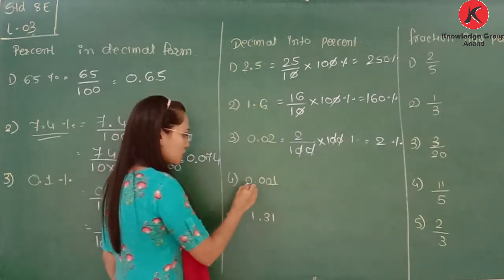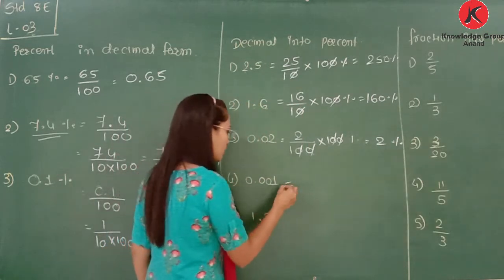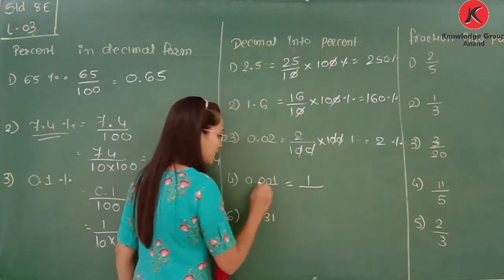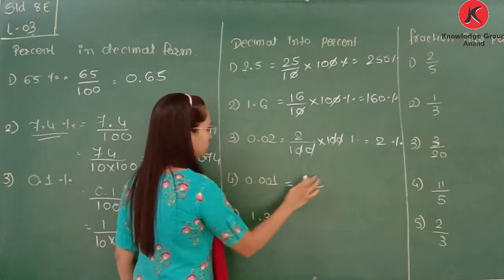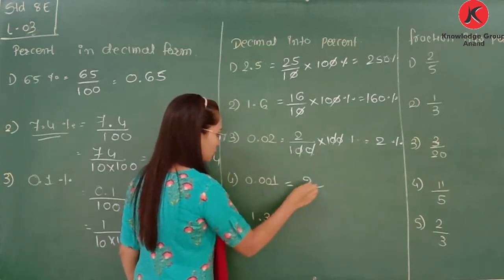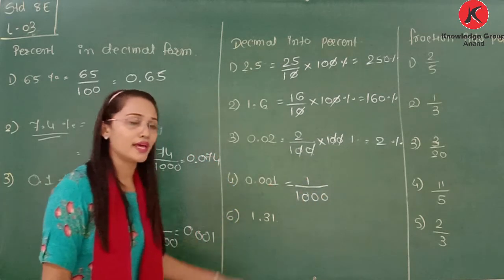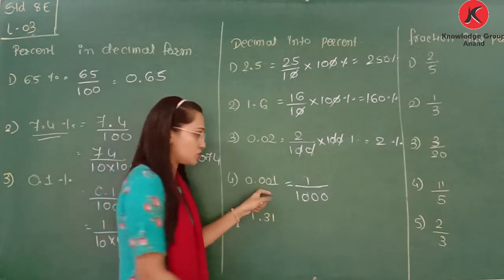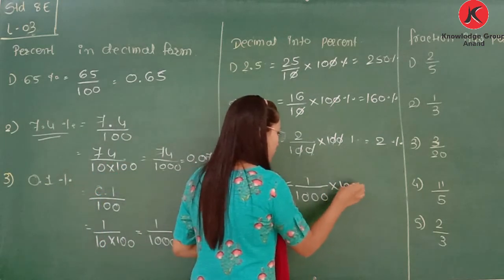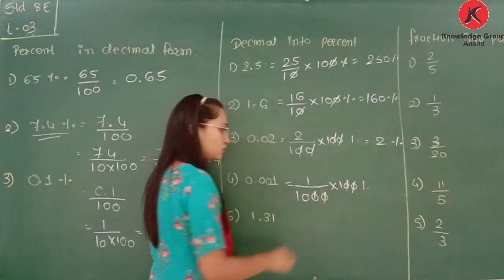Now next one, 0.001. Here it is written as 1 divided by 1000, because after the decimal there are 3 digits. Multiply with 100%, you can cut 2 zeros.